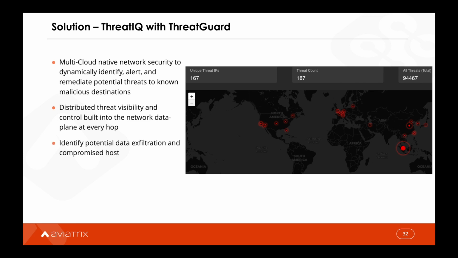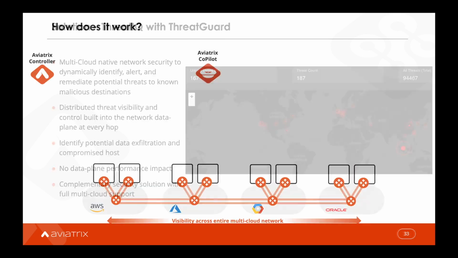Threat IQ will identify and alert you on data exfiltration, as well as the hosts that are compromised by bad actors. Because it is using the distributed data plane, there is no performance impact whatsoever to the gateways in your network. Threat IQ is a complementary solution with Copilot that works with all clouds.